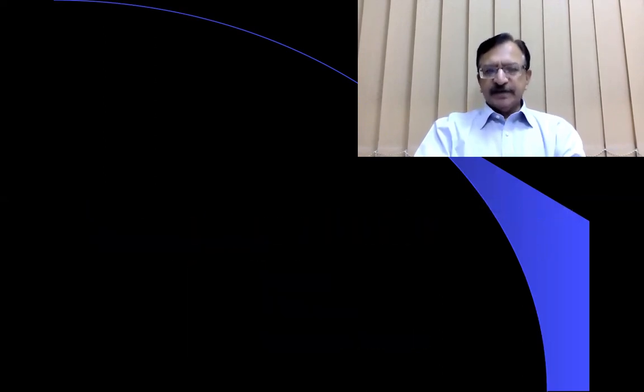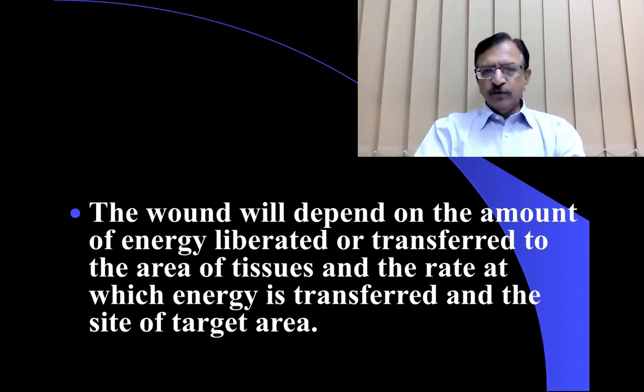Regarding the area factor, the wound will depend upon the amount of energy liberated or transferred to the area of the tissue, the rate at which the energy is transferred, and the site of the target area. So the site of the target area is important, and so is the amount of force liberated at a particular point.